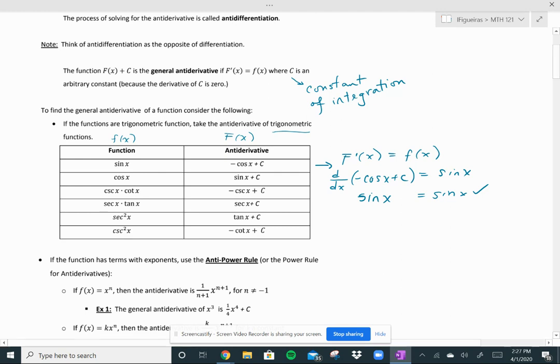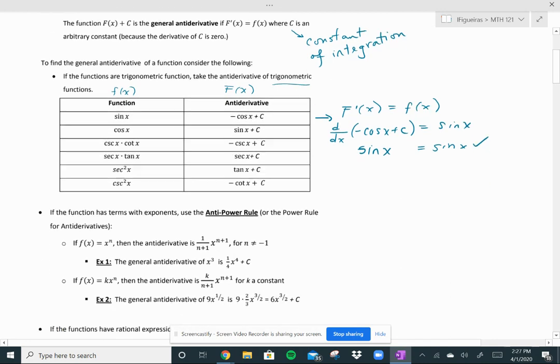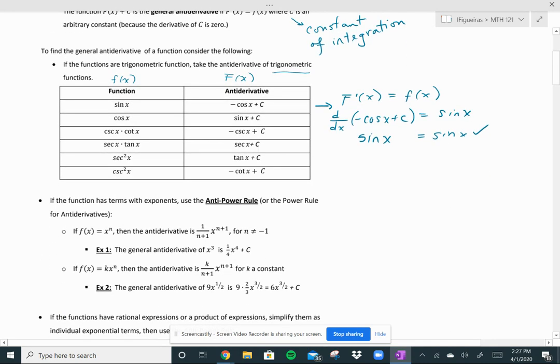One of the most important rules with antiderivatives is the one we call the anti-power rule. It is the opposite of the power rule that we used for derivatives.